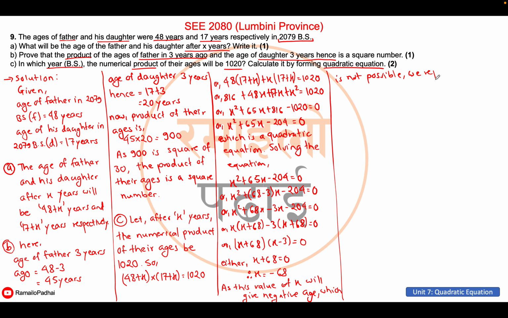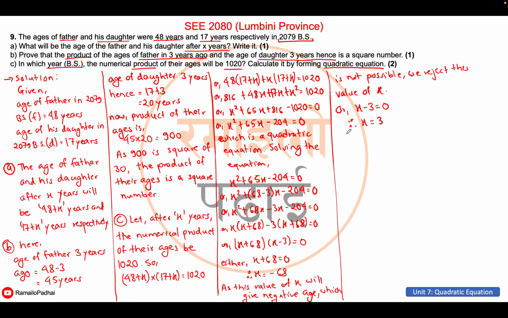We reject this value. Oh, what happened? Am I writing too fast, or is it slow? So we reject this value of x.